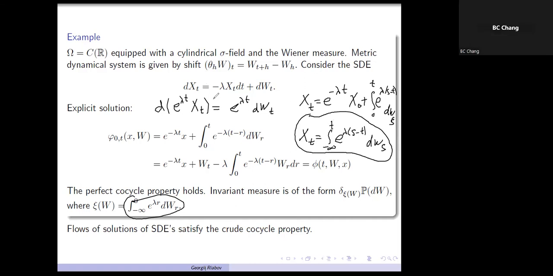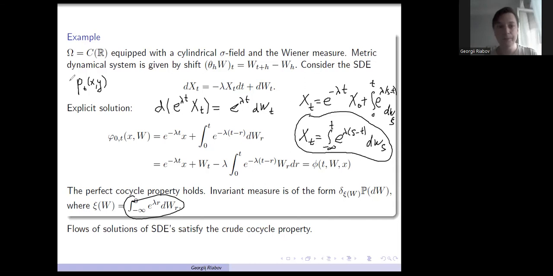But how to check the invariance of this measure? You can write the semigroup that corresponds to the Markov process. So you have p_t(x,y), integrated from minus infinity to infinity with the normal distribution. Let me denote the density of the normal distribution by g.